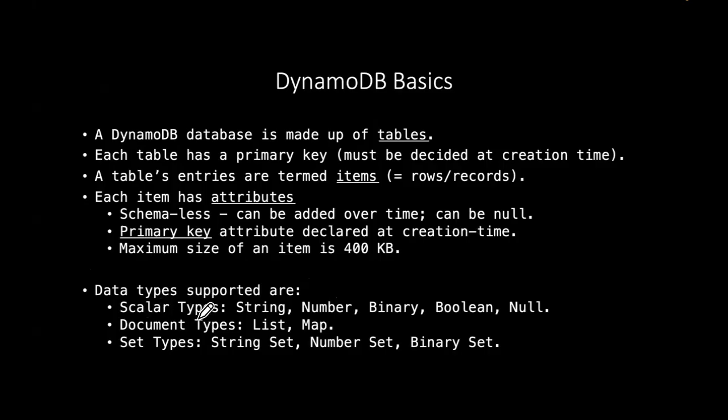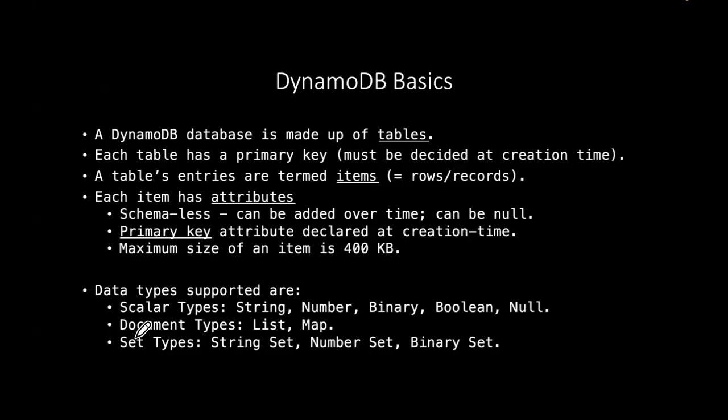A document is like a JSON document. Again, I'll repeat that: a single attribute in an item of a table can be an entire document. Or it can be a list, or it can be a map. Well, a map and a document are kind of the same thing.